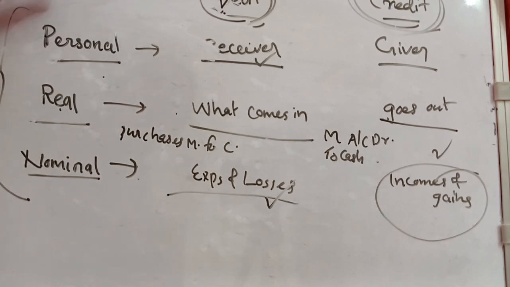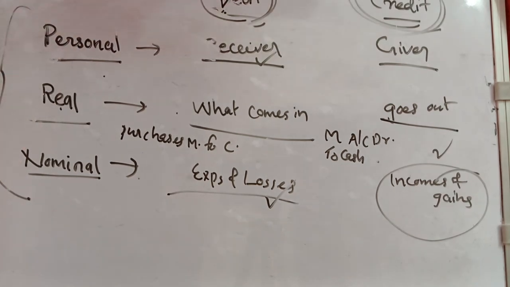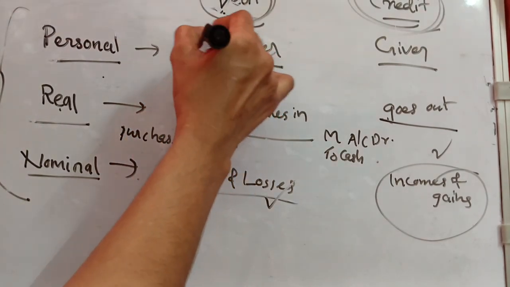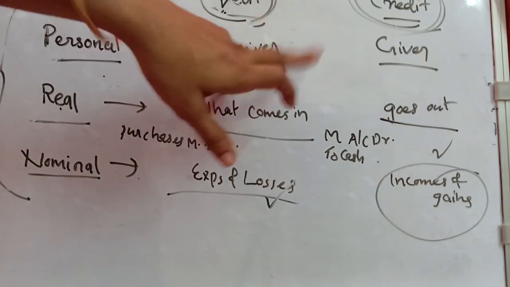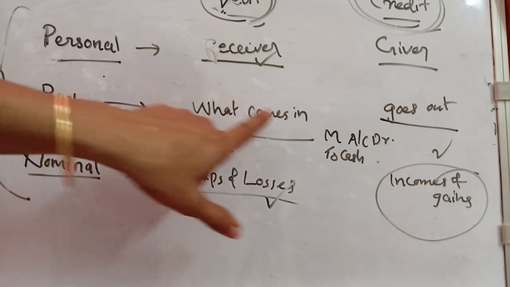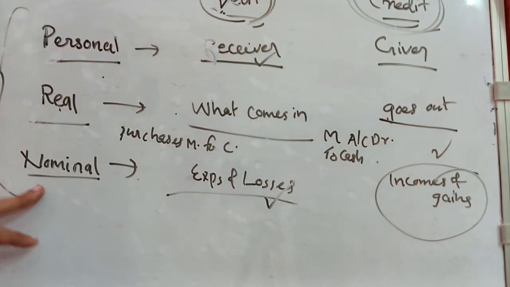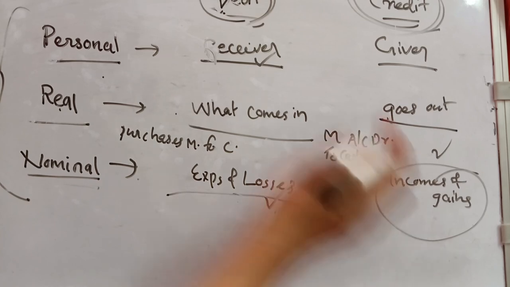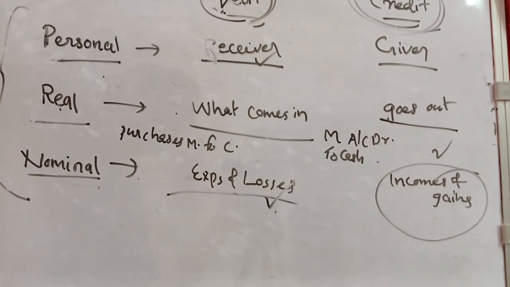It classifies accounts into personal, real, and nominal accounts. For personal accounts, debit the receiver and credit the giver. For real accounts, debit what comes in and credit what goes out. For nominal accounts, debit all expenses and losses and credit all incomes and gains.